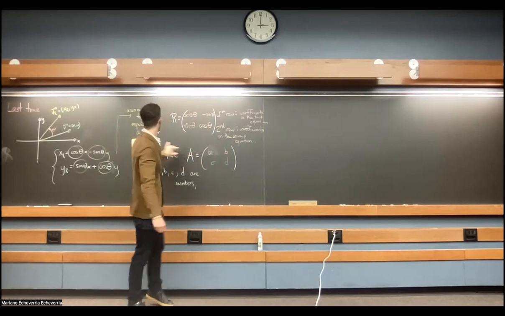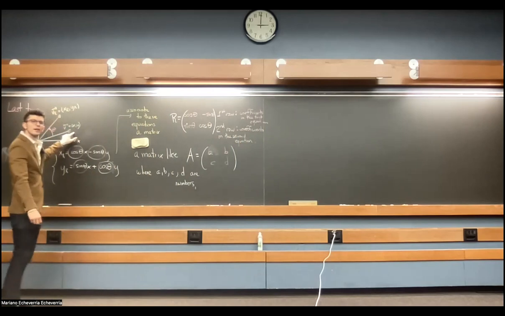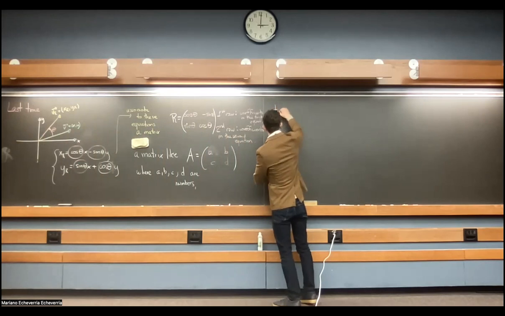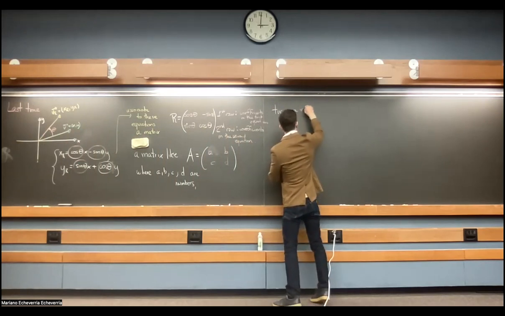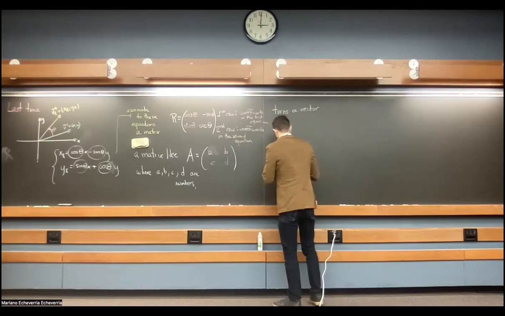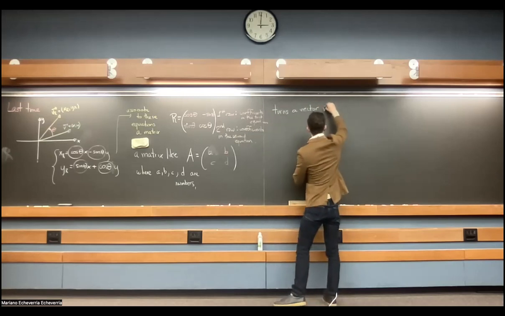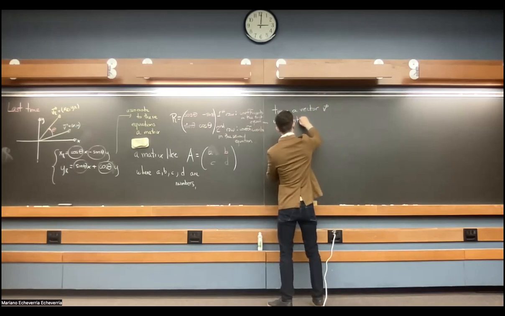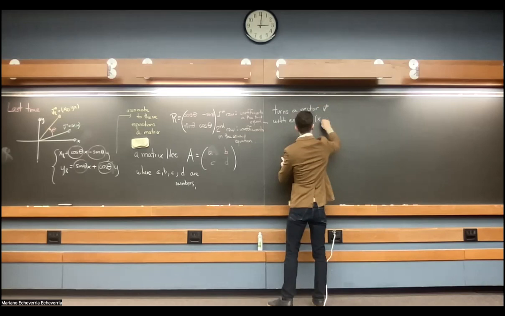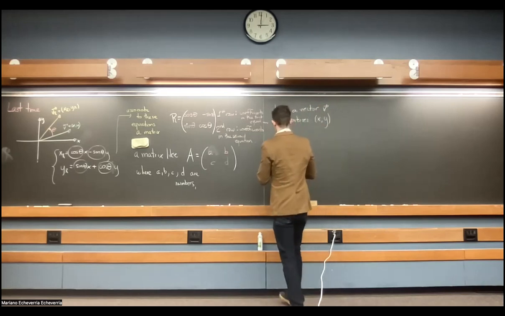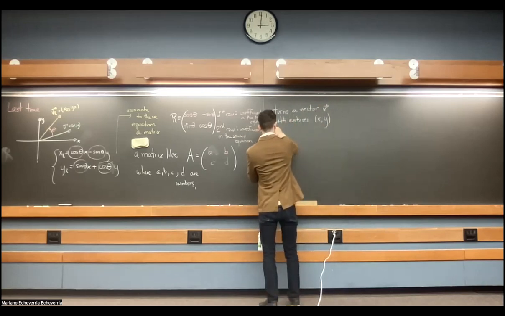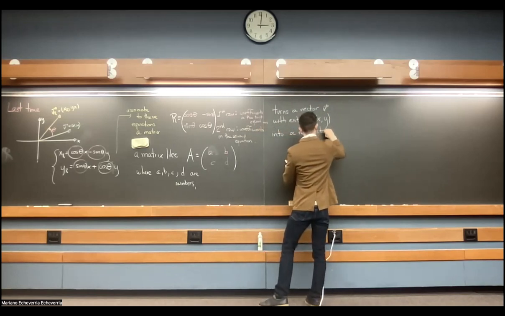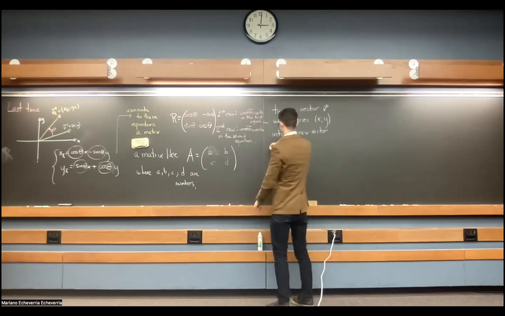It's going to convert the vector x comma y into a new vector with entries.